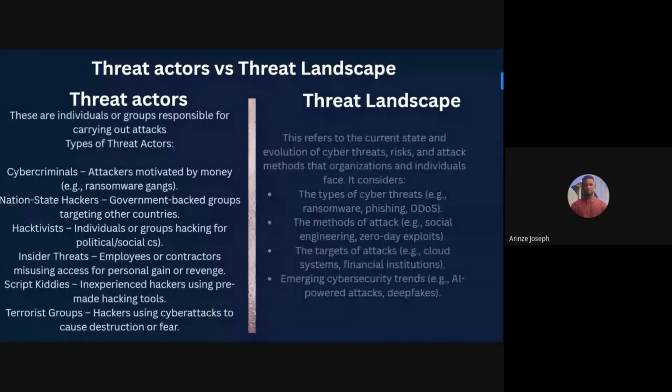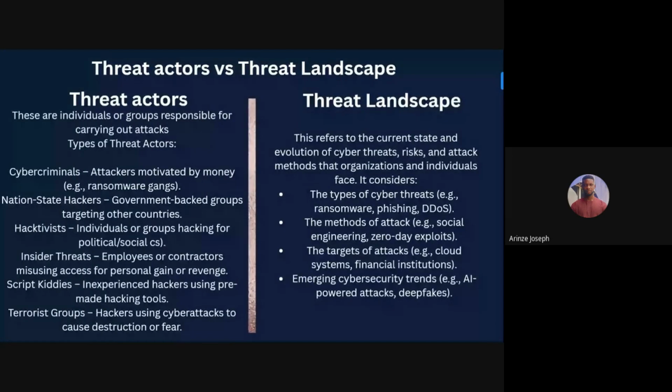Then coming to threat actors and the threat landscape. Threat actors are individuals or groups responsible for carrying out attacks. These are the hackers that we always hear of. Cyber criminals. These are motivated by money, maybe ransomware gangs, and the rest of them. Then there's nation state hackers.